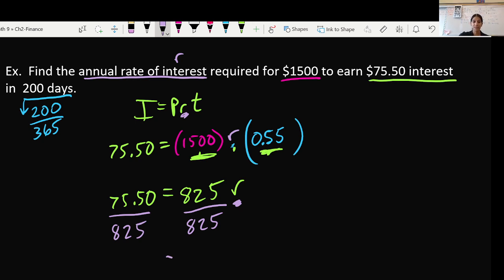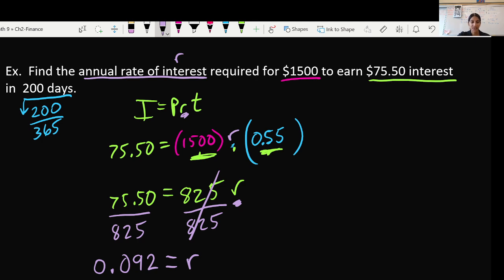When I do that, 825 over itself is just the number 1. 1 times R leaves us with just R. And on the left side, we would do 75.5 divided by 825, and it leaves me with an interest rate, or an answer, of 0.0915. So that's like saying 0.092 if I round it up. If you left it as 0.09, that's fine.